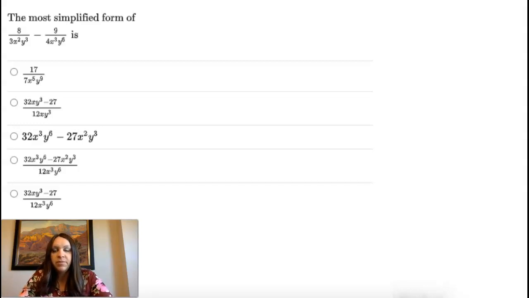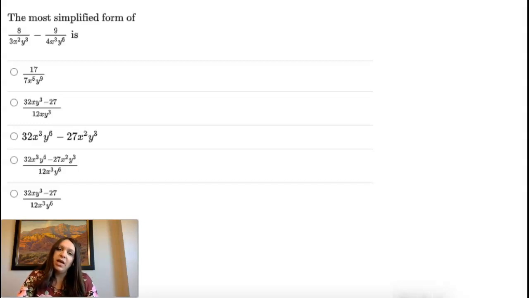All right, so let's do one more. I have 3 over 8x cubed plus 10 over 3x to the 5th. All right, so common denominator. First step, we're going to look at the numbers. So 8 and 3, and we need a common denominator.